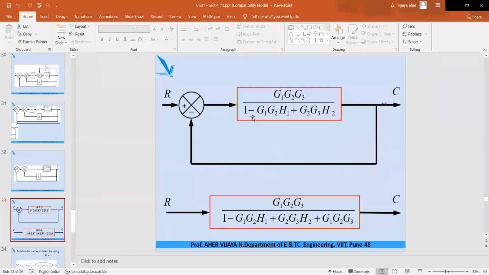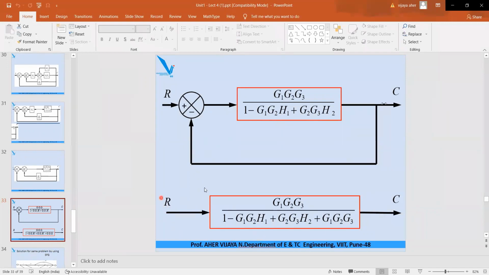This is the transfer function of process, okay, divided by 1, इथे minus आहे, plus this term into 1. Simplify. You'll get this equation. G1, G2, G3 divided by 1 minus G1, G2, H1 plus G2, G3, H2 plus G1, G2, G3 into 1 आहे कारण, म्हणून G1, G2, G3 again with input R of S and output C of S.